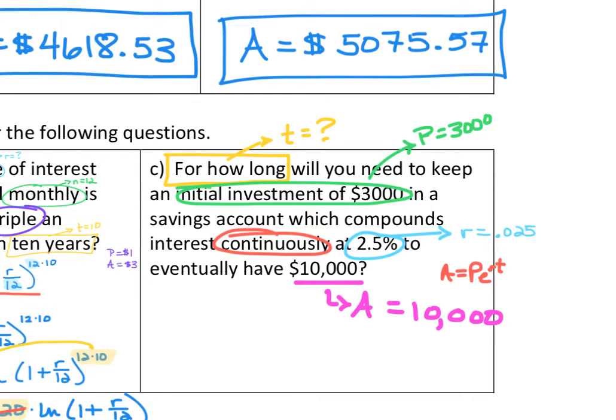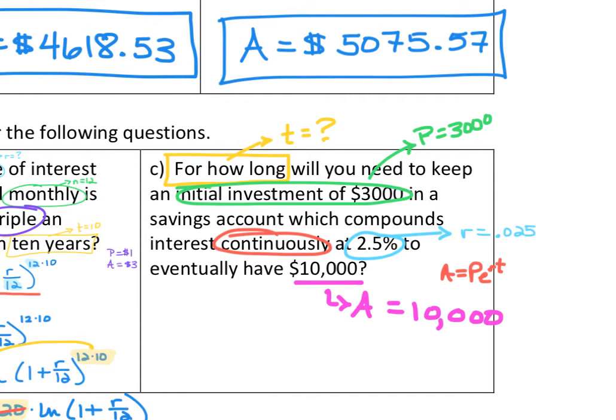From your 20s to your 60s could be 40-something years. In that case, you'll have quite a bit more than what you started with, okay? And by the way, you want more than $10,000 to retire on.